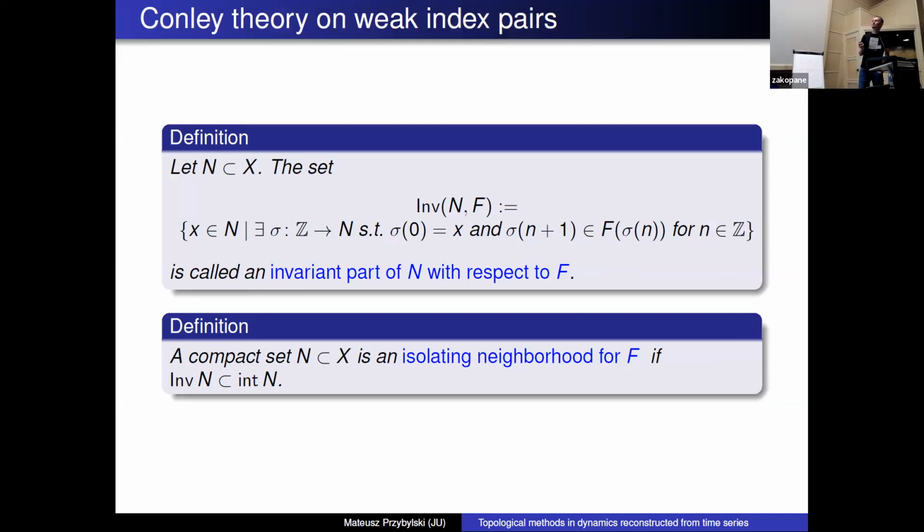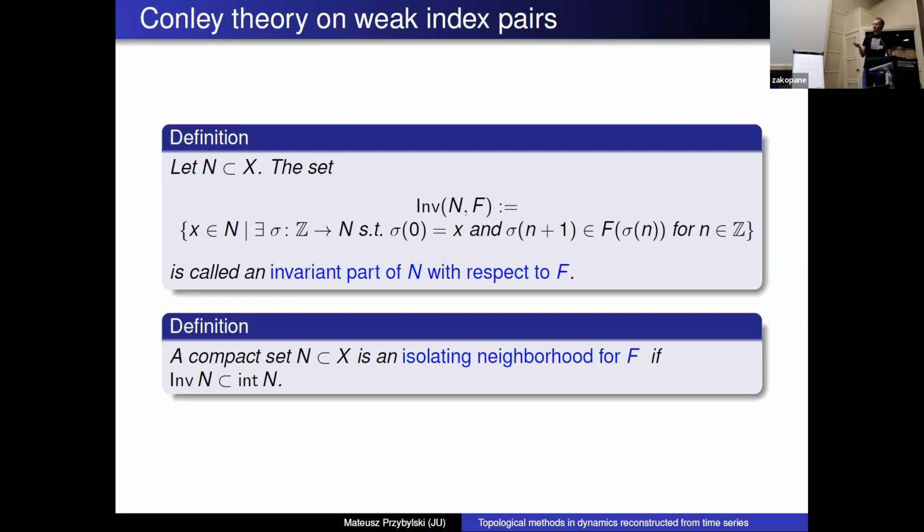Our result is from the recent Conley theory for multi-valued maps by Marian and Bogdan Batko. It works on the slightly relaxed definition of isolating neighborhood and a weak index pair. This is a very nice feature because it is much easier to find those objects computationally, isolating neighborhoods and weak index pairs.